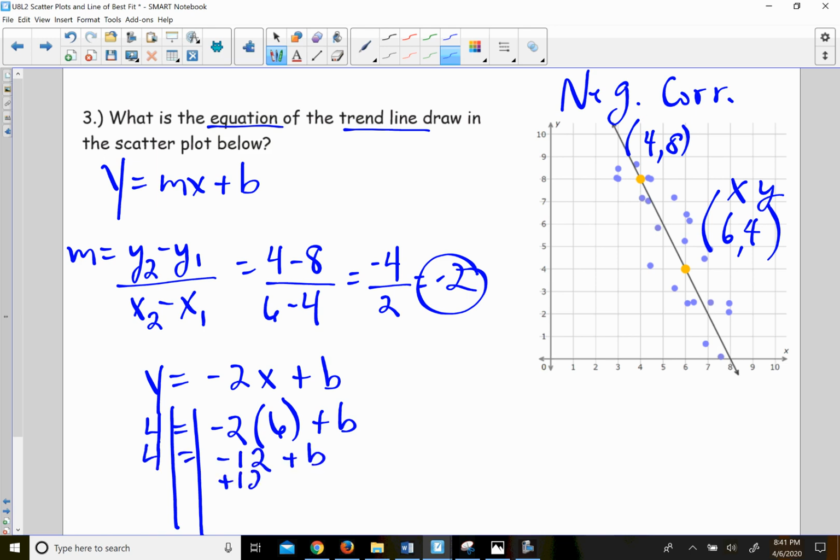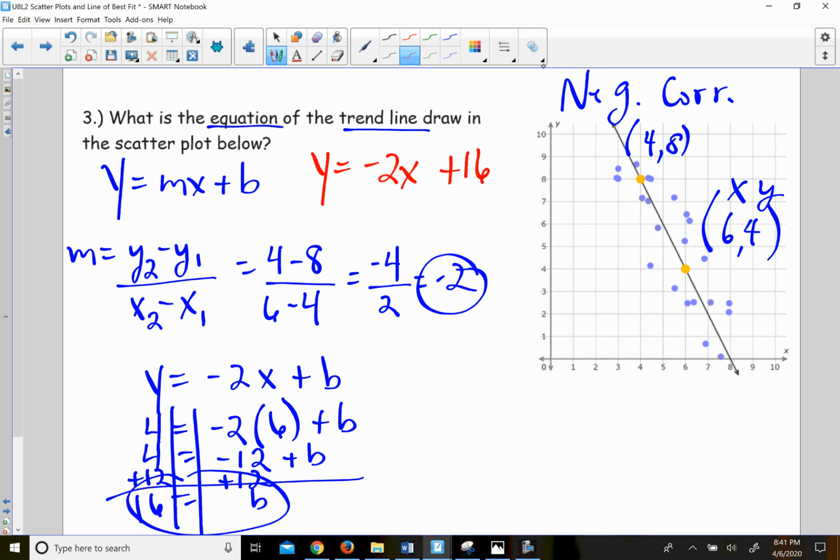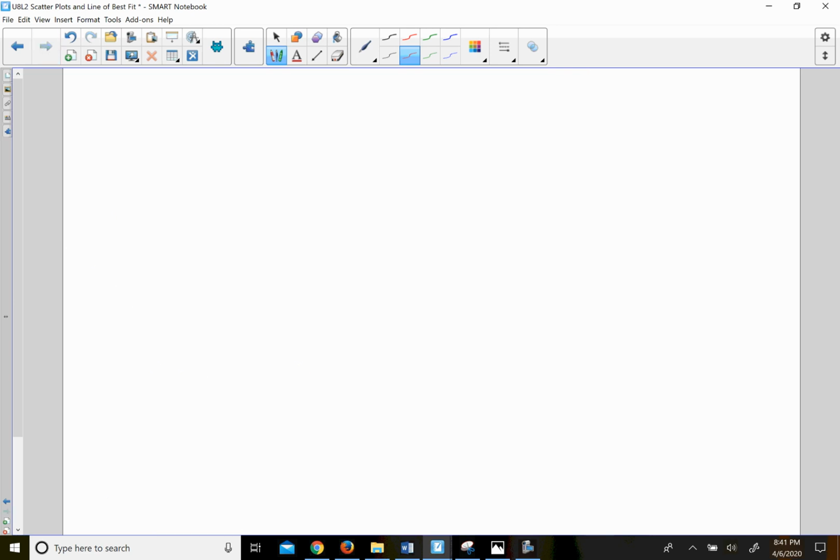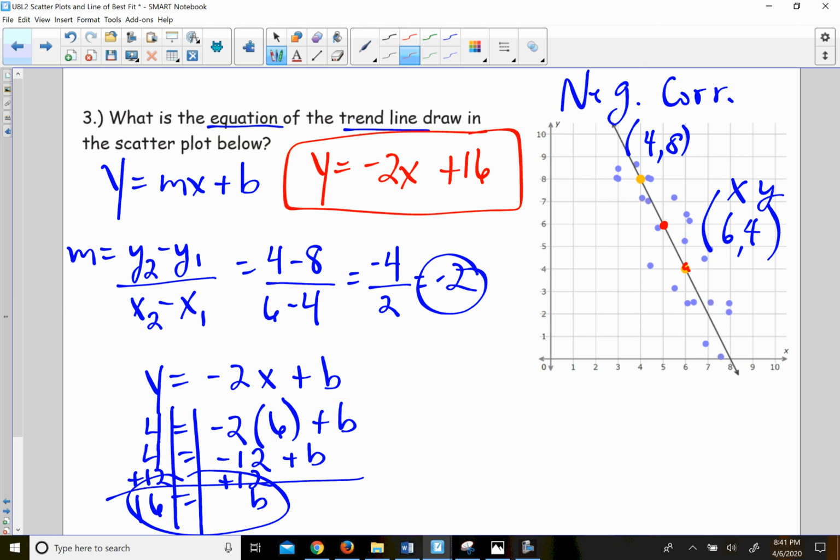So if I add 12 to both sides, b is worth 16. So now if I was going to write that equation, y equals negative 2x plus 16. So basically I started up here at 16, went down 2, right 1, down 2, right 1, down 2, right 1, down 2, right 1, down 2 more, right another 1. Okay. And that is our first part of writing the equation of the line of best fit.